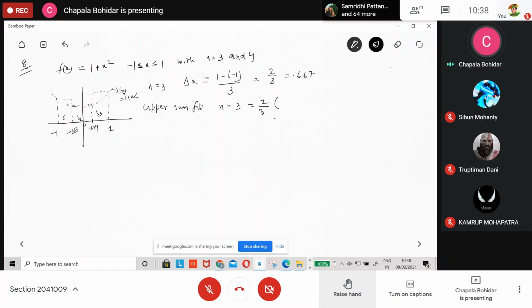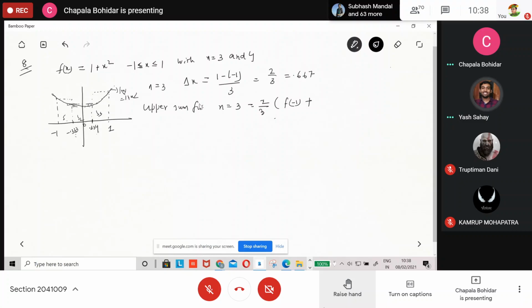Then plus the next rectangle, where are we getting the maximum value? The functional value is maximum; both are the same, you can choose any one. Yes, ma'am.